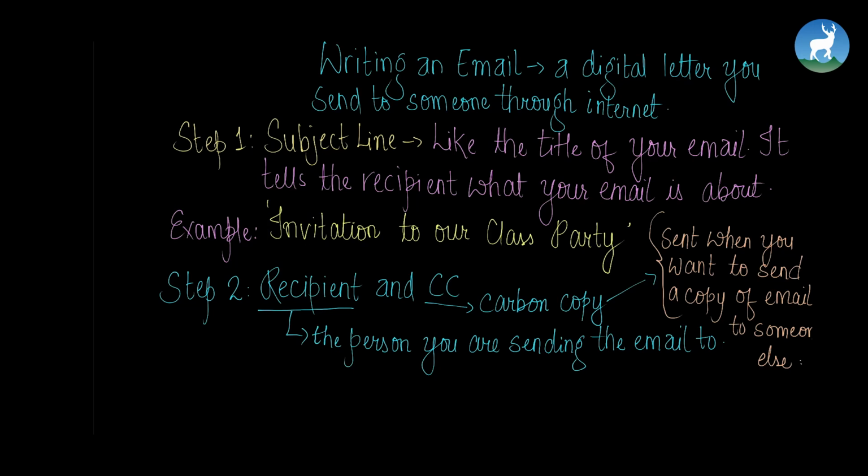Alright, let's move to step number 3. Step number 3 is optional because it's BCC. You can use BCC if you want to send a copy of the email to someone without the other recipients knowing.